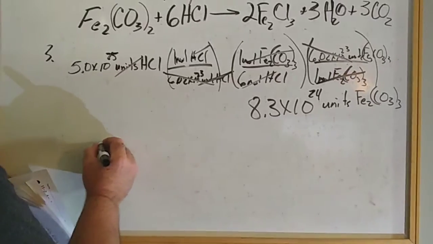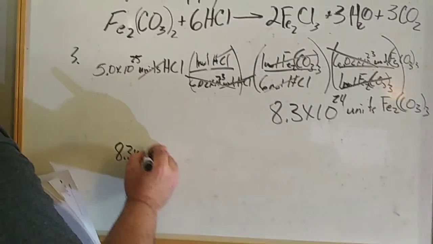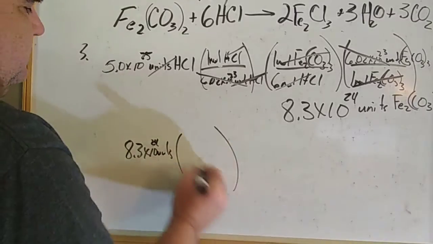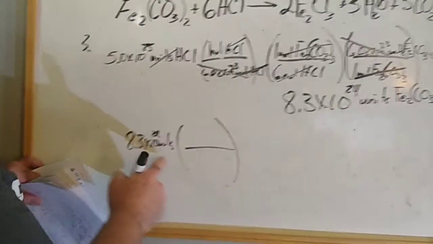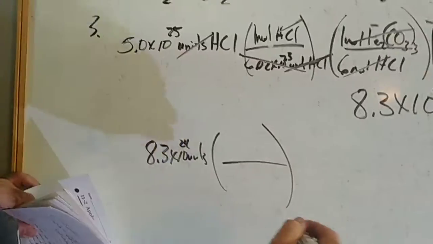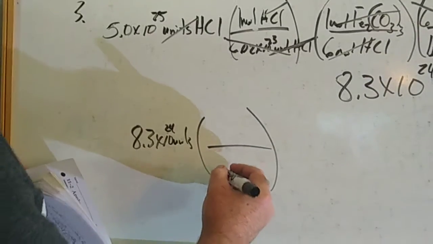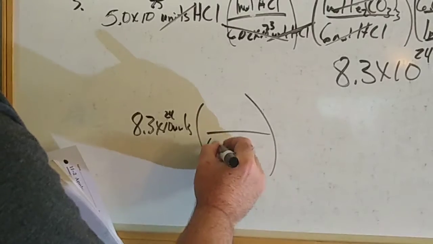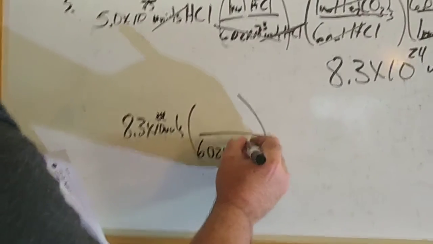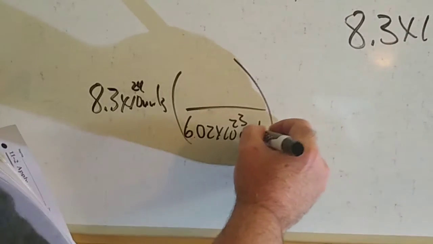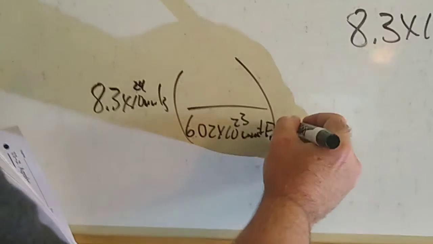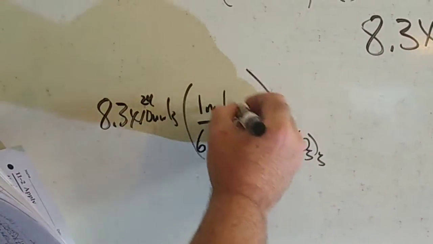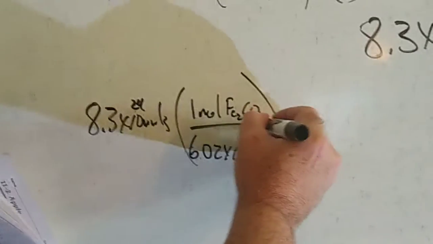So now we've got to take our 8.3 times 10 to the 24th units and turn these into grams. I'm going to shorten this up, units, just to speed up time. You should have Fe2CO3 there. We know that this is going to be 6.02 times 10 to the 23rd units of Fe2CO3, and that's 1 mole of Fe2CO3.